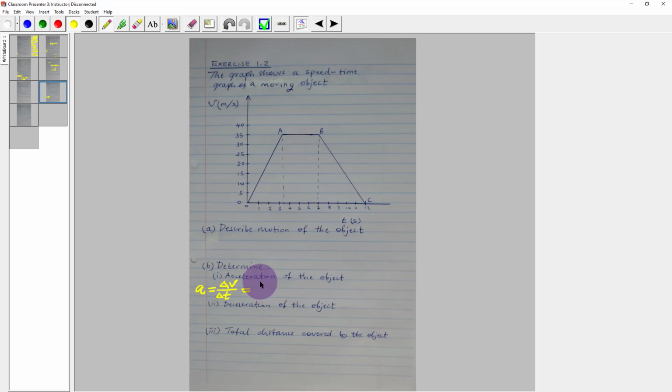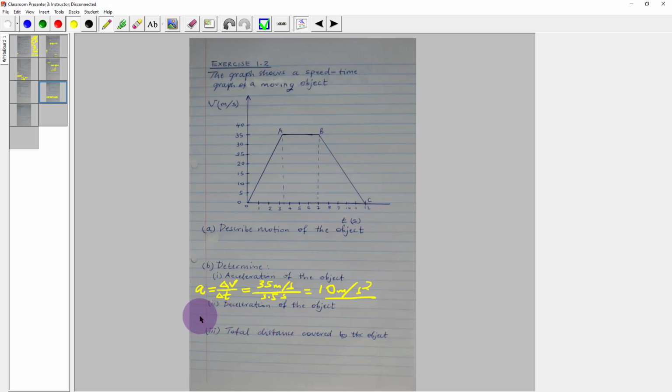And I can see I've got 35 over there, meters per second. 35 minus 0, divided by 3.5 minus 0, which is 3.5 seconds. And of course, this one is going to give me 10 meters per second squared. That will be the value of the acceleration. How about the deceleration? I'm supposed to observe that this section gives me the deceleration.